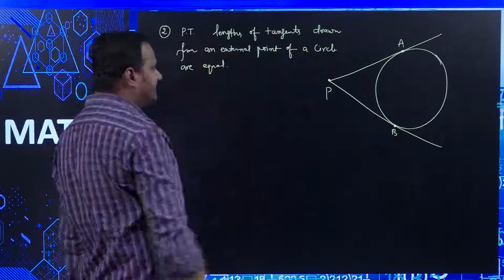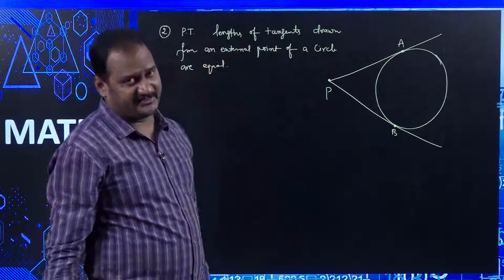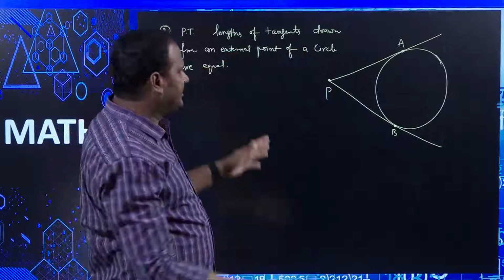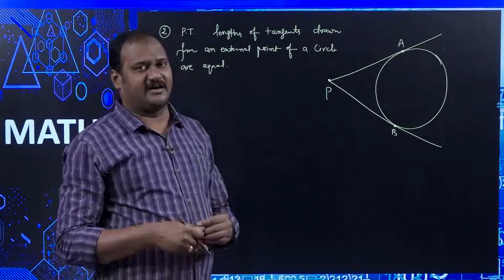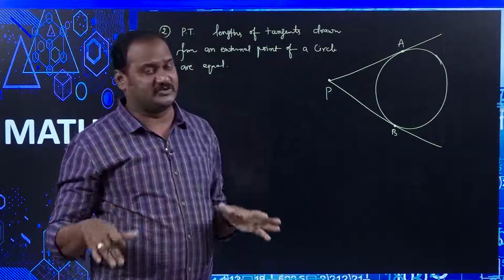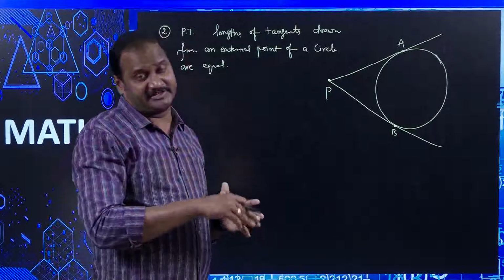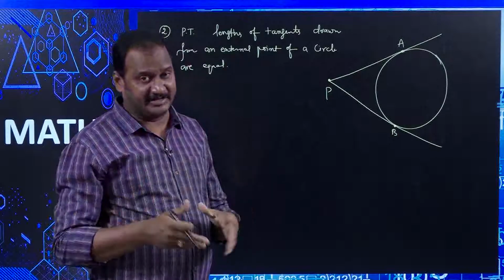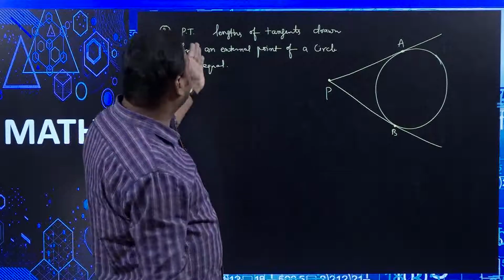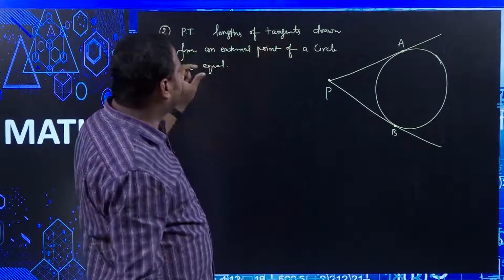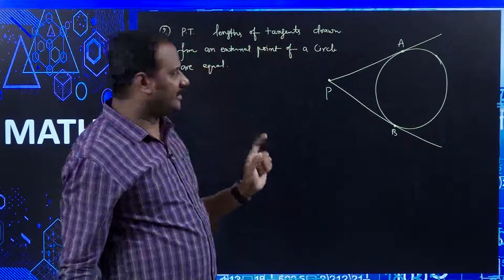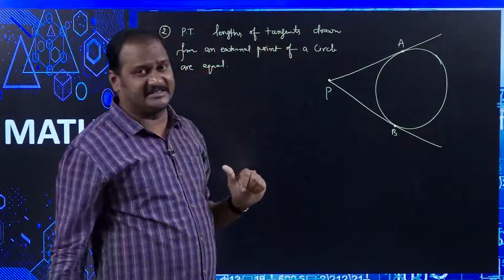This is the very basic and important property of tangents. And of course, whatever properties we are discussing are all standard questions which were already given in board examination and frequently come in board examination, right? So prove that the lengths of tangents drawn from an external point of a circle are equal. What are the lengths of tangents here?